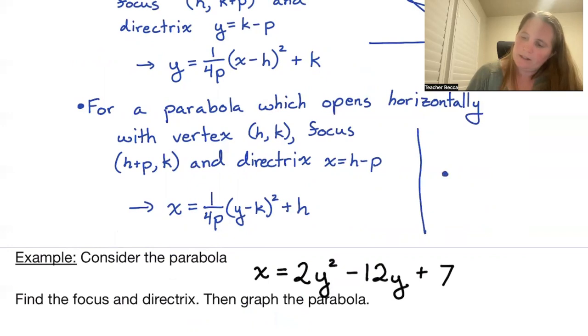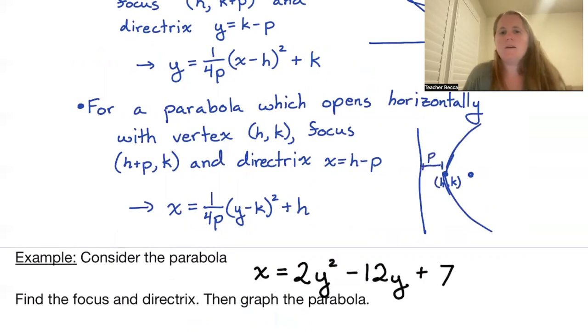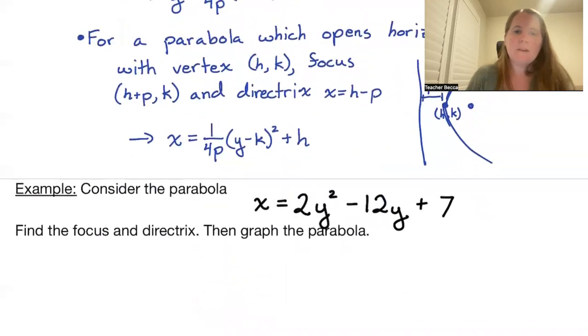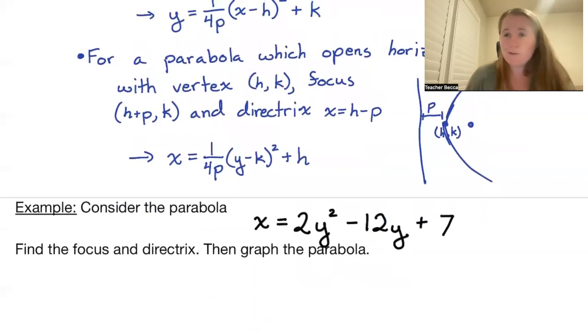We have a vertex at (h, k). Our focus is shifted to the right or left then. And again, the distance between our vertex and our directrix is p. So these are our equations that we get for our parabolas. This is essentially the vertex form of the parabola with that slightly odd 1 over 4p out front.